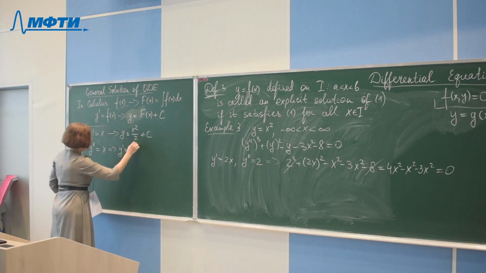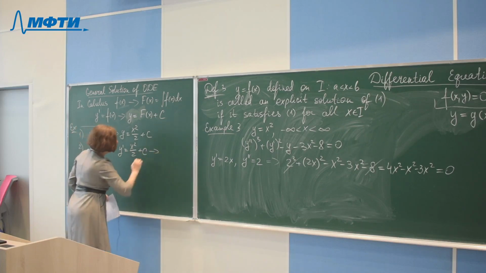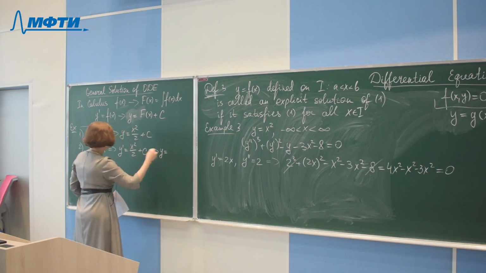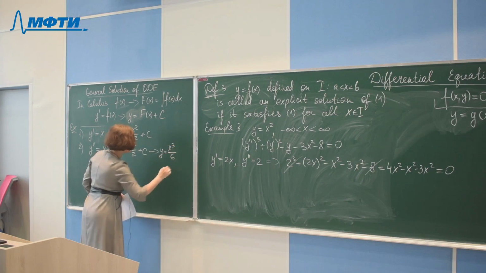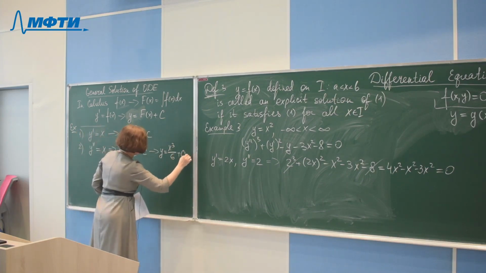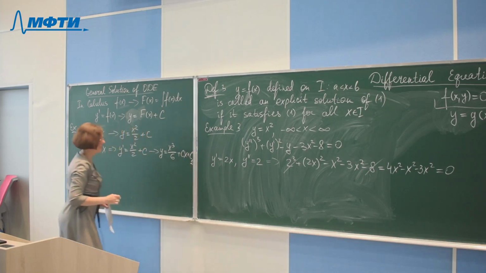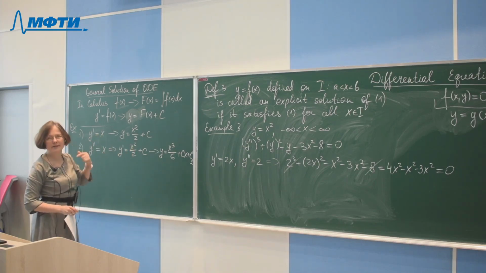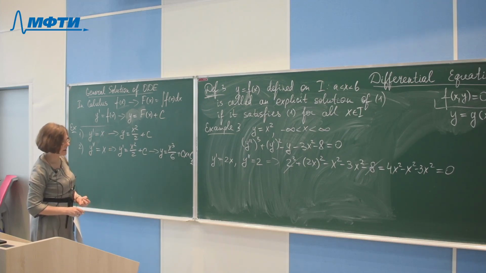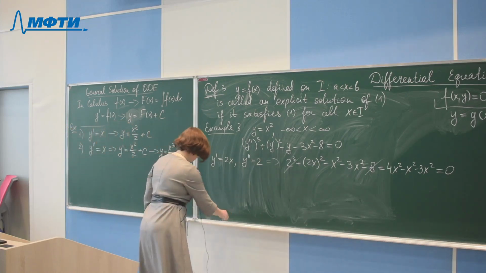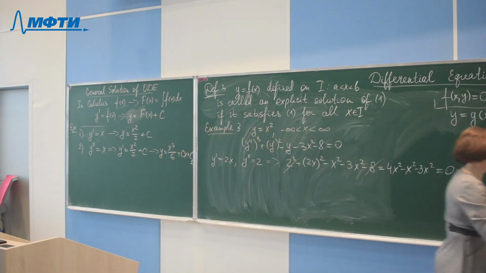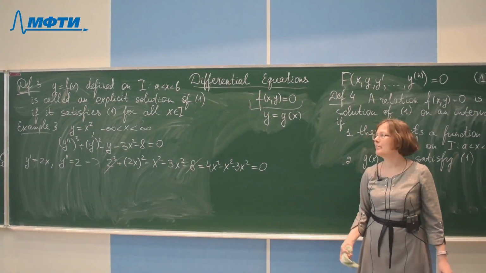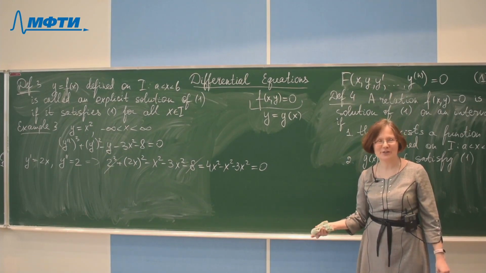It will be equal to x squared over 2 plus c, and then by integrating twice, we will get y, which is equal to x cubed over 6 plus cx plus c1 maybe. So we can see that the second order differential equation involves two arbitrary constants, right? And we can make a conclusion that the number of arbitrary constants depends on the order of a differential equation, right?